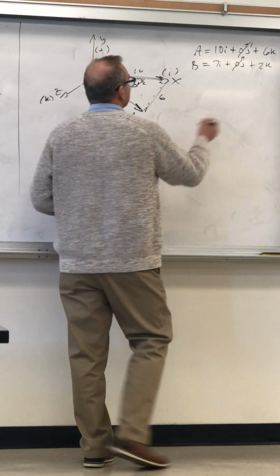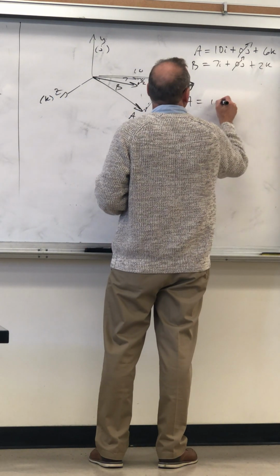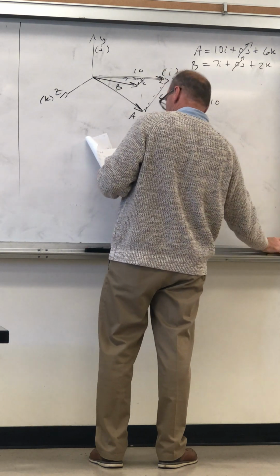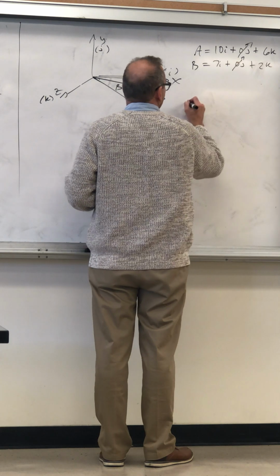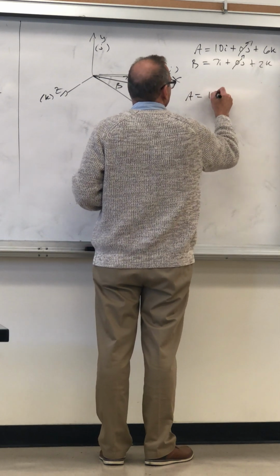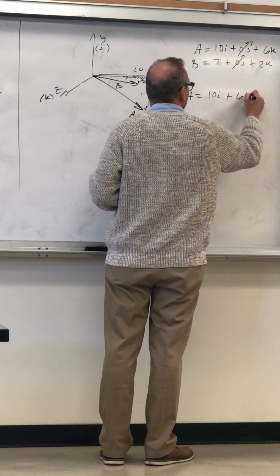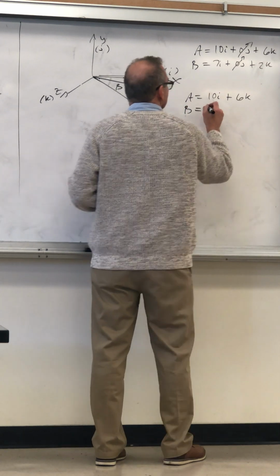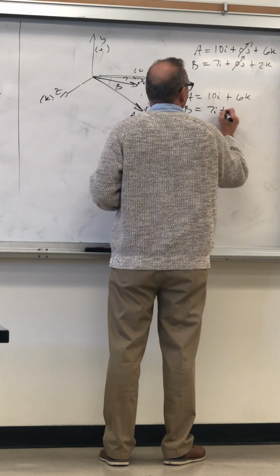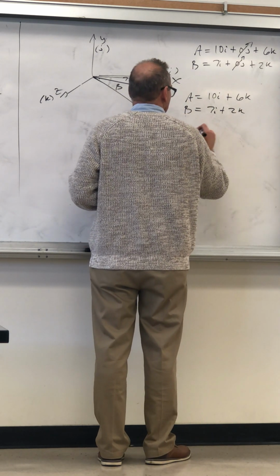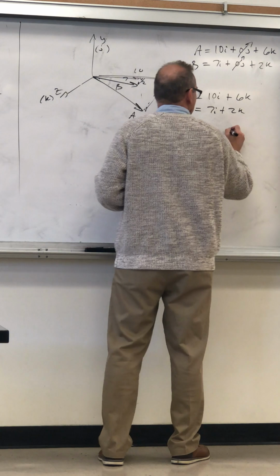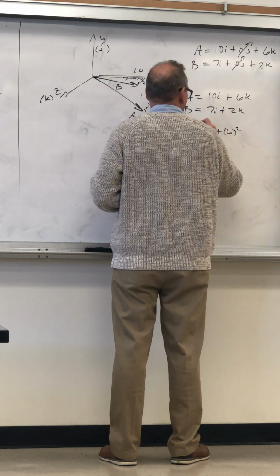So the magnitude of A is 10 squared. Well, let's rewrite the vector so we can eliminate the 0J term. So 10I plus 6K. And B is 7I plus 2K. So the magnitude of A is the square root of 10 squared plus 6 squared.